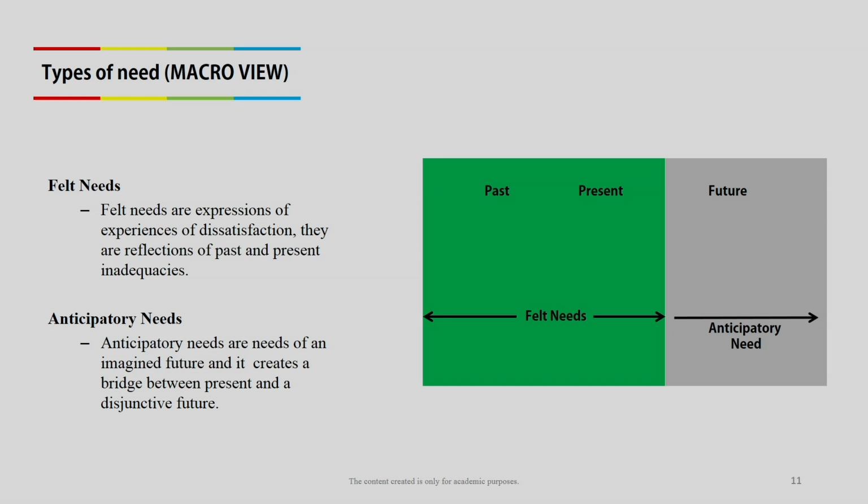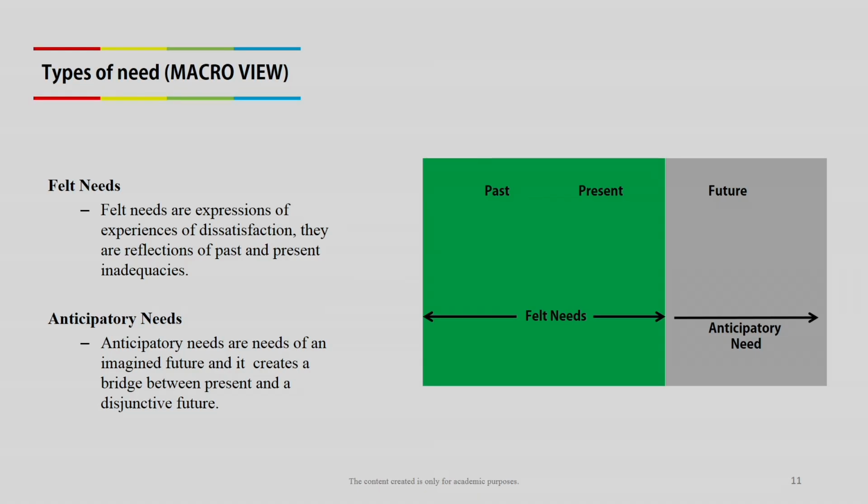In case of felt need, if we go to a community and find out user needs, they will tell about their past and present experiences, and based on that the designer designs. But the designer is going to design for the future, and hence felt need is not sufficient.